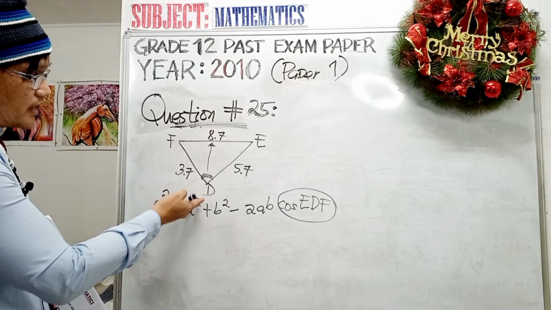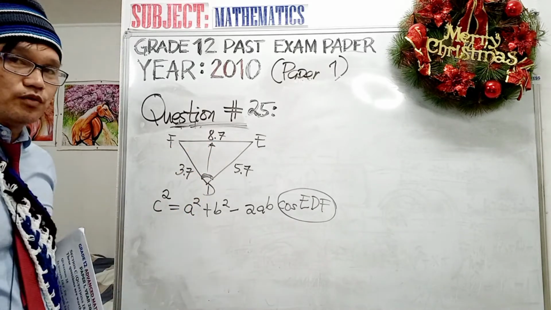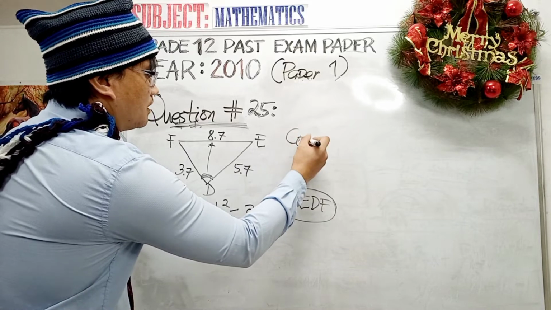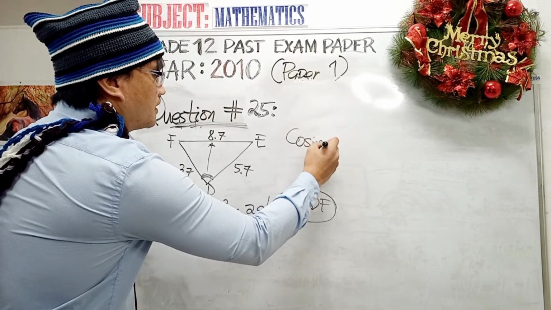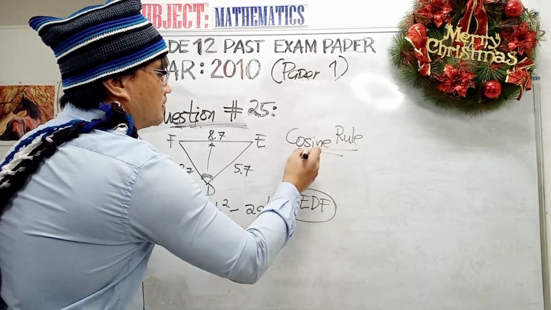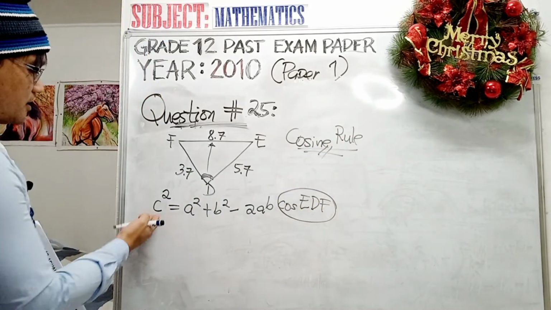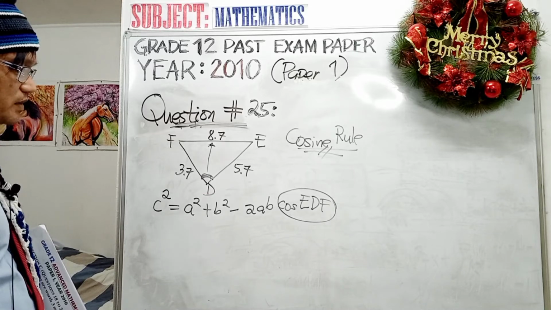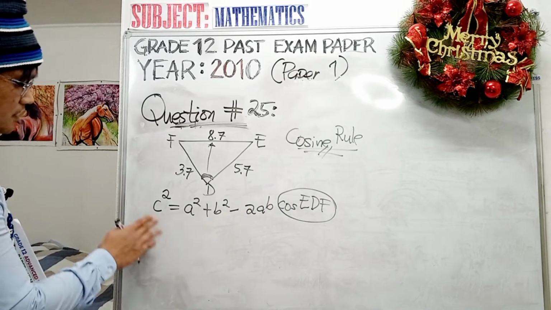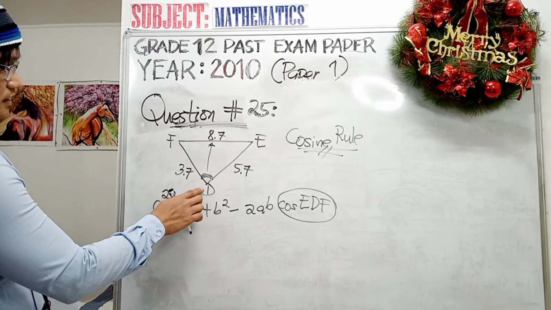When the three sides are given, usually we use the cosine rule. So applying the cosine rule, c squared equals a squared plus b squared minus 2ab cosine EDF. The longest side, C, is opposite the angle.